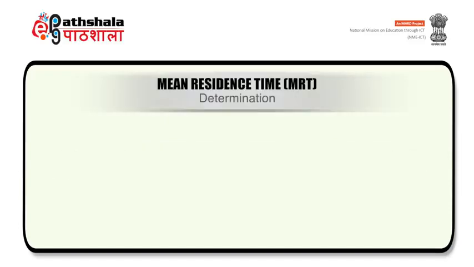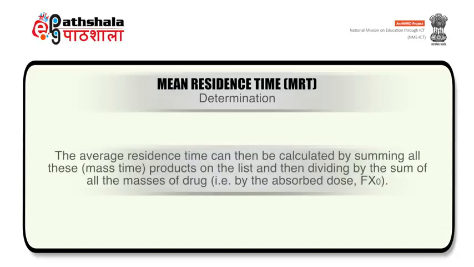Coming to determination of mean residence time or MRT, the average residence time can be calculated by summing all these mass time products on the list and dividing by the sum of all masses of drug, that is by the absorbed dose, Fx0.